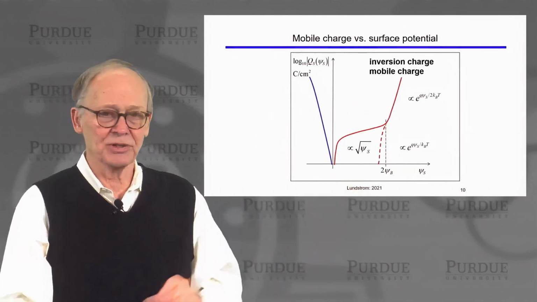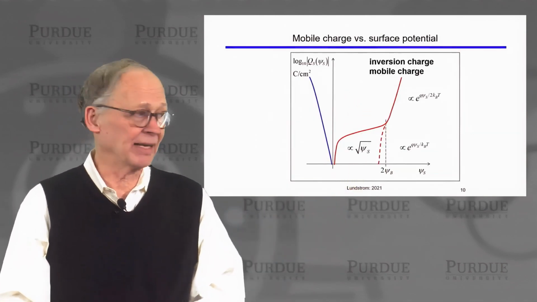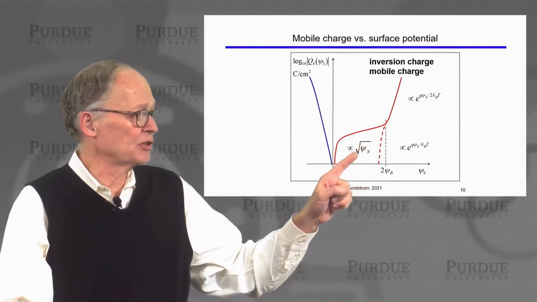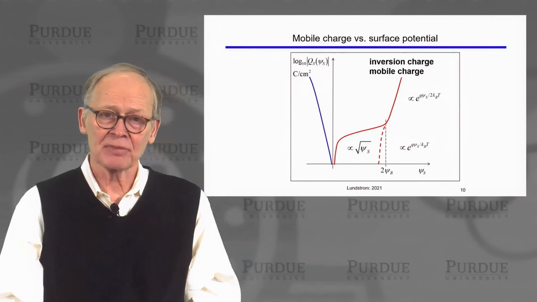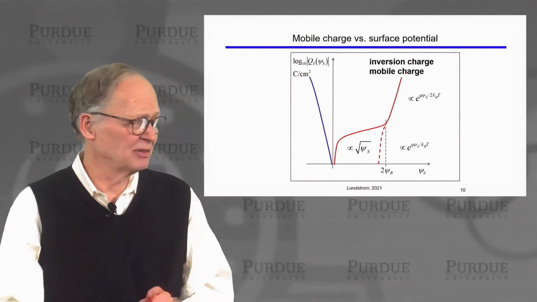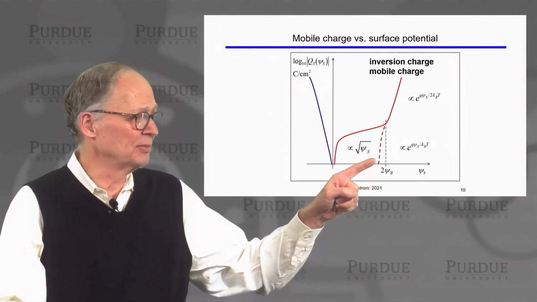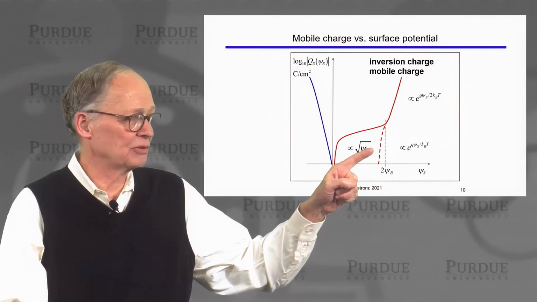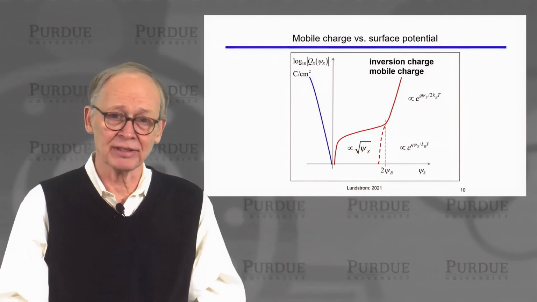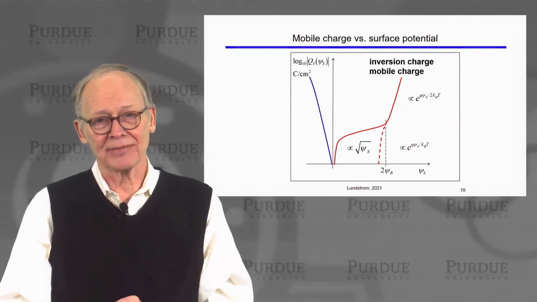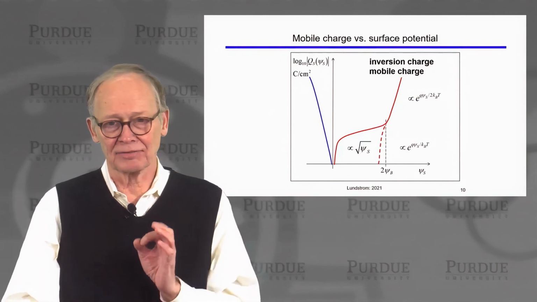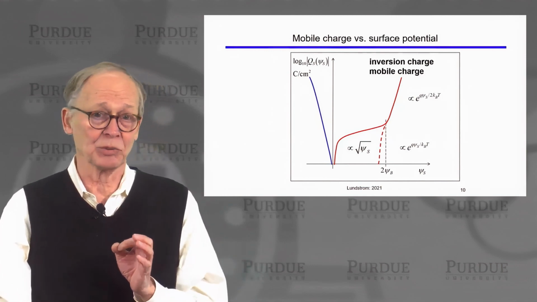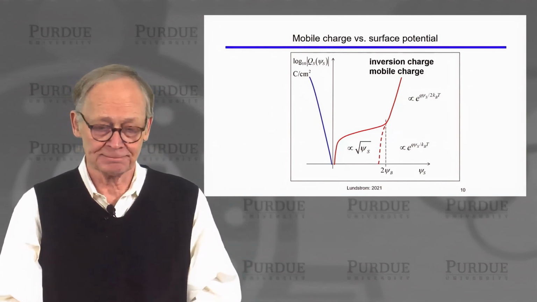So we have our full description now of these sketches that I've been making. If I look at the charge in the semiconductor, I'm first dominated by depletion layer charge, which goes as a square root of potential. But there actually is some small concentration of mobile electron charge there, which will be important as we discuss transistors, because that is the current that flows when we are in sub-threshold conditions.